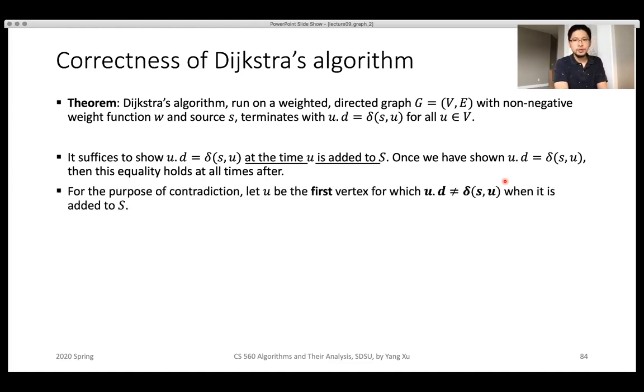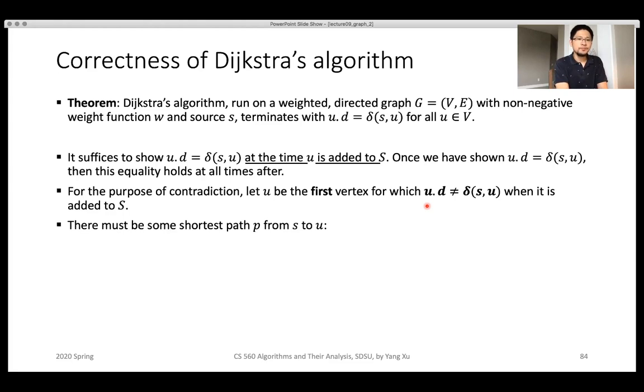We basically want to show a contradiction. Assume the vertex U is the first vertex for which D doesn't equal delta when it is added to S. If we derive a contradiction under that assumption, then the assumption is not correct, which in turn proves the theorem, which means U's D should be equal to the delta.